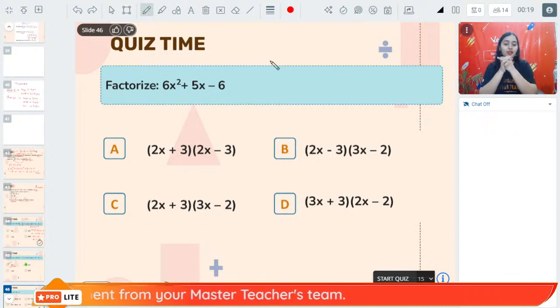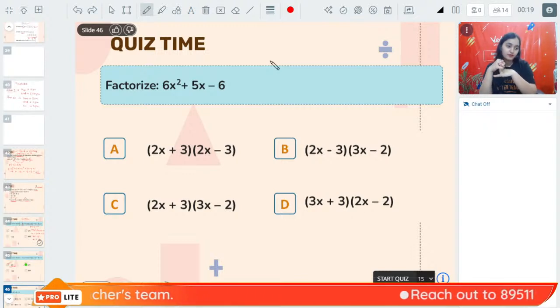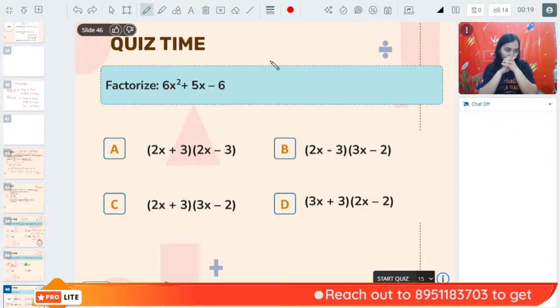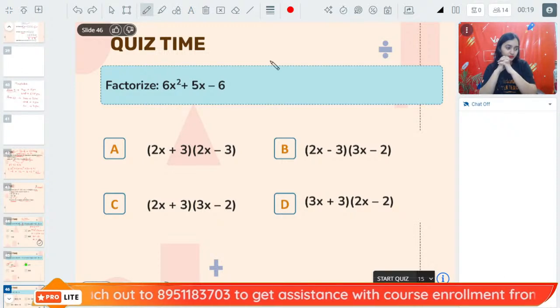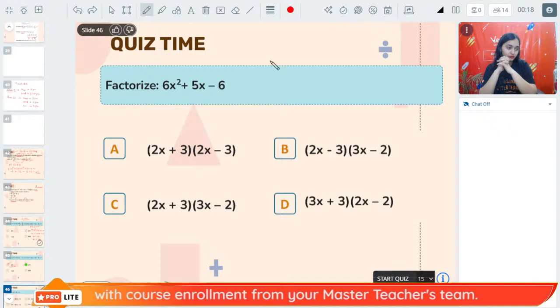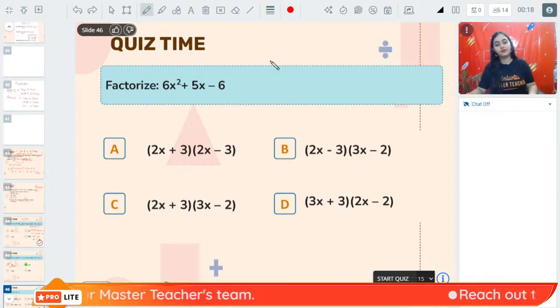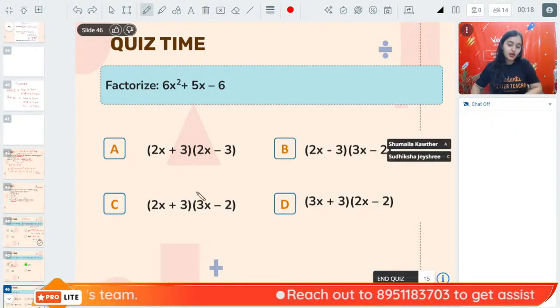Factorize 6x square plus 5x minus 6. Ready? 3, 2, 1, start. Mark your answers.